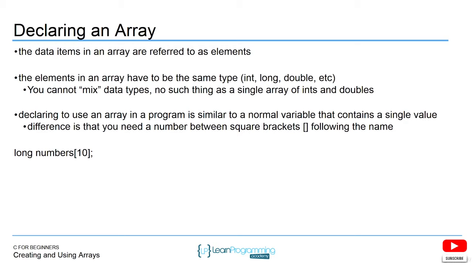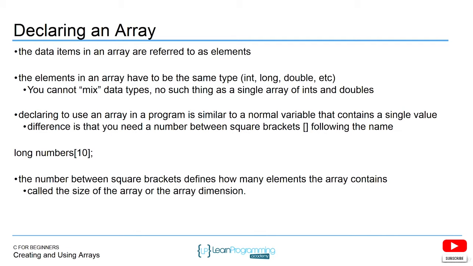The number inside the brackets specifies the size. So here we're saying we're going to create an array named numbers of type long that's going to contain 10 elements. So it's pretty straightforward. This is an array declaration. Because the semicolon is at the end, it's just like a variable declaration, but you have those brackets and a number. And this is the size of the array or the array dimension.